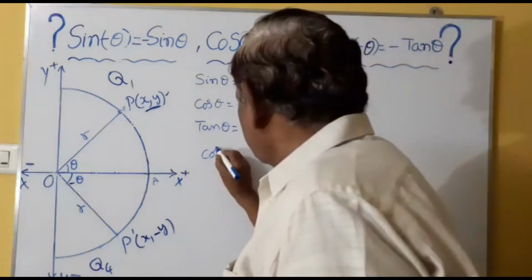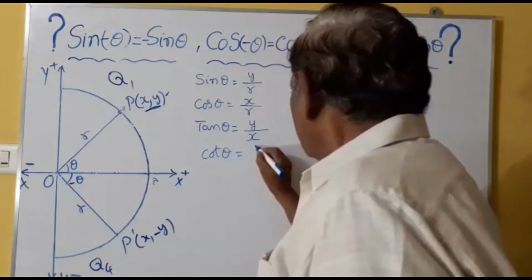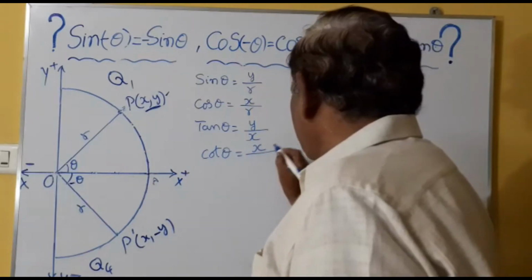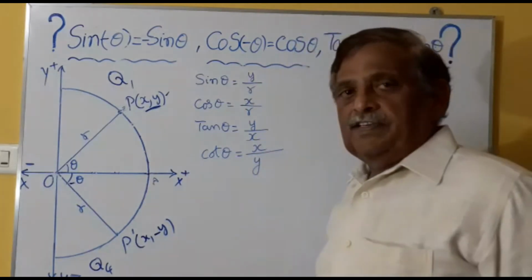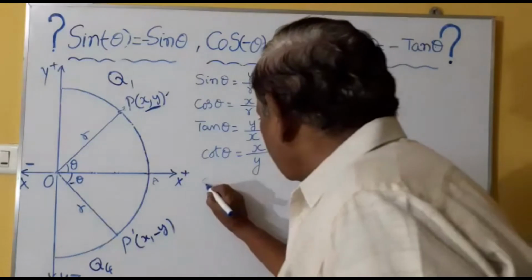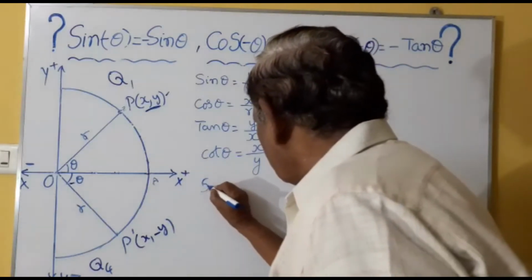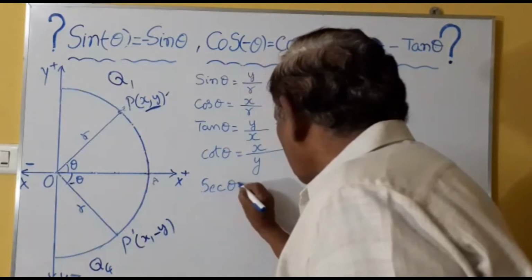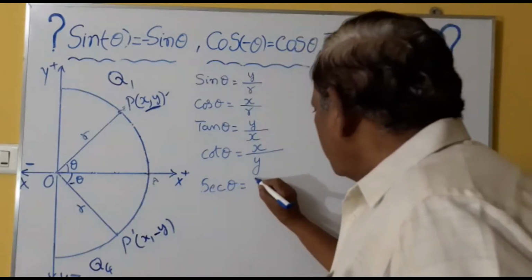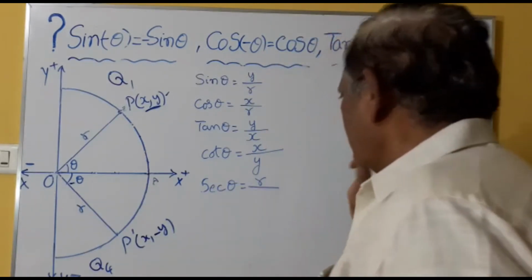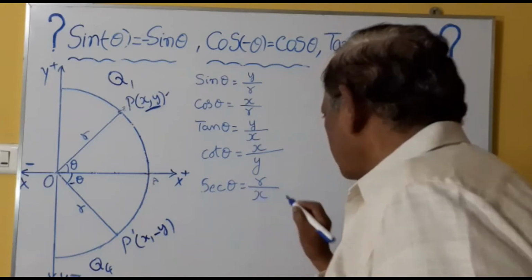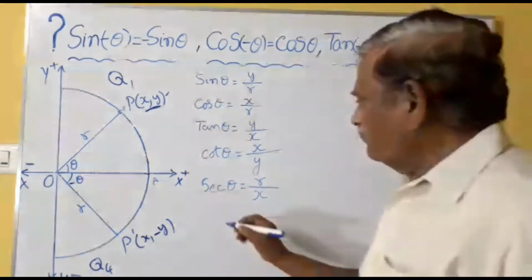Similarly, cot theta is x coordinate of the point by y coordinate of the point. Sec theta is radius of the circle by x coordinate of the point.